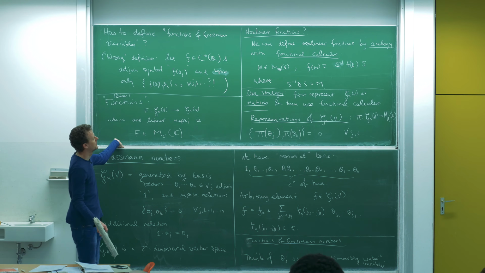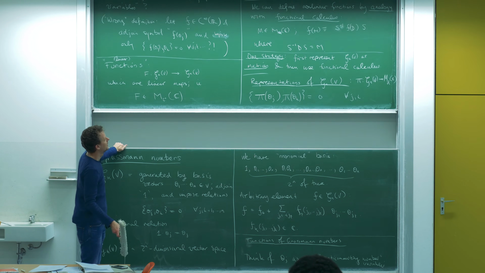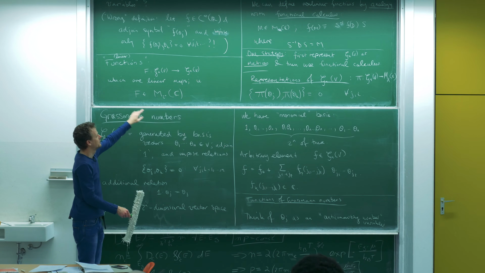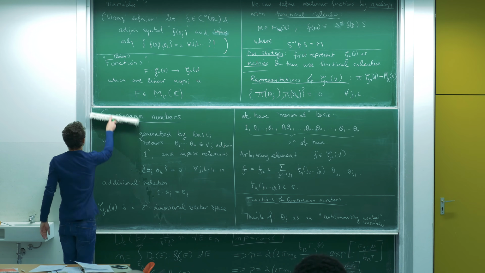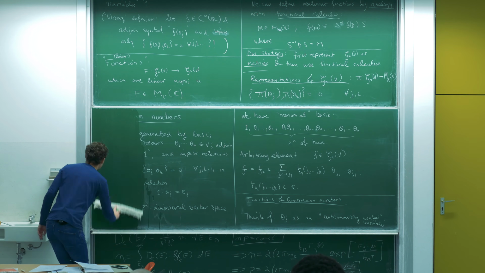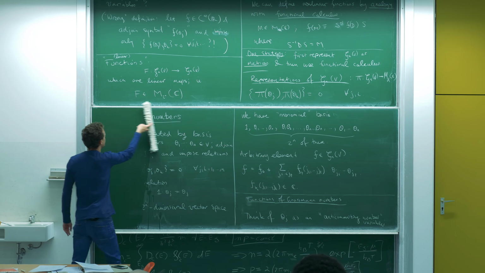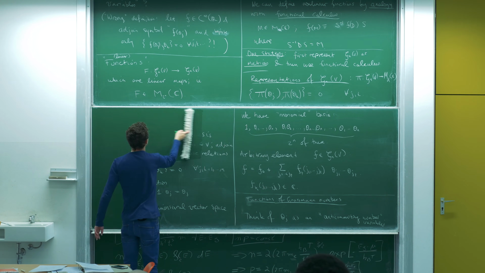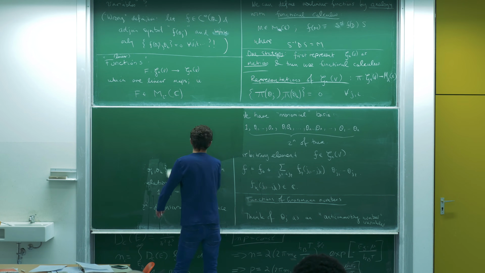With a little bit of work, you can extend these relations to work for all the Grassman numbers and this representation to be a proper representation of this object.